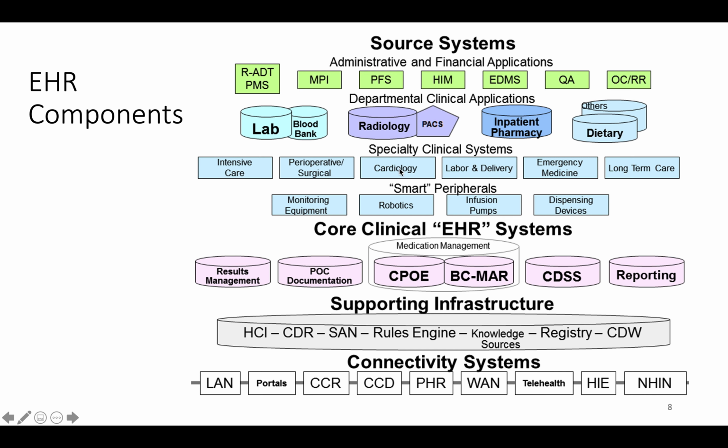Of course, there are specialty clinical systems like intensive care, preoperative surgical, cardiology, labor and delivery, and other specialties. Then the ancillary systems: the lab, radiology, pharmacy, dietary. There are also administrative systems.